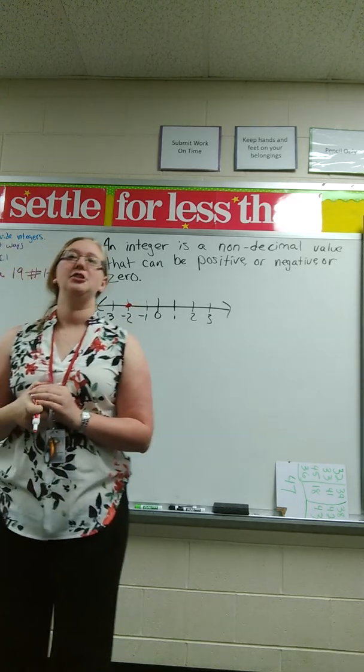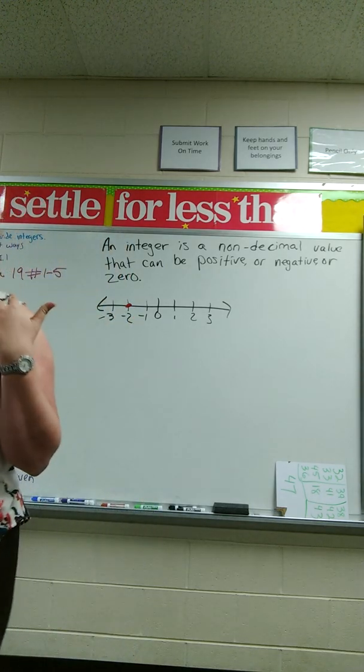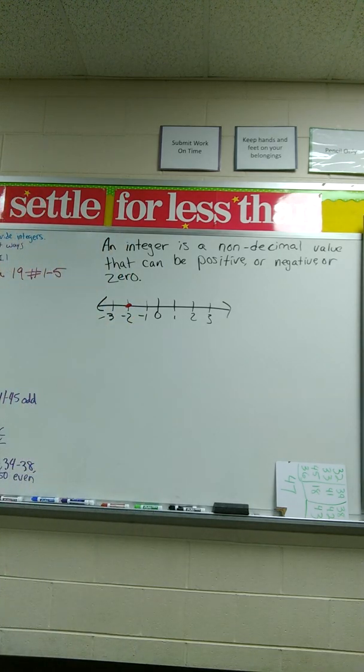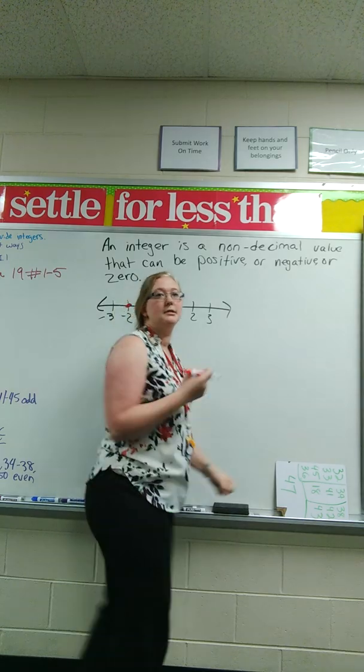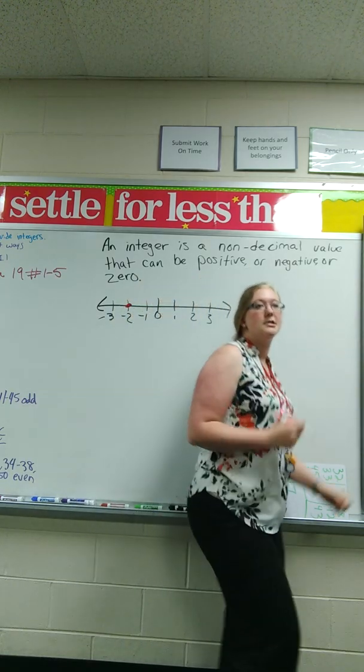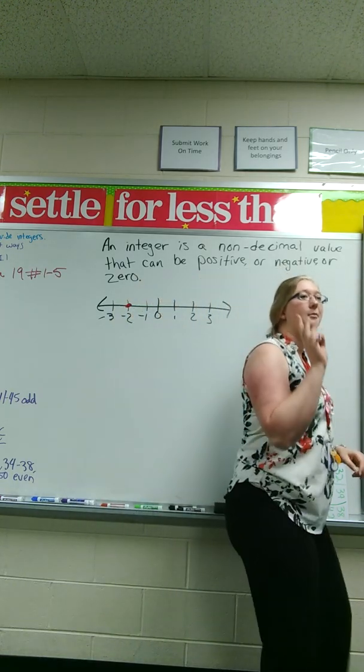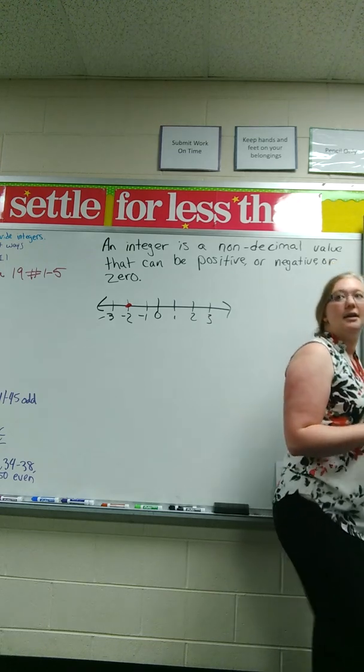What if I was going to graph on a number line positive 3? You would go that way on the side. Okay, I go that way, and then I would do what? I'm looking at 3.